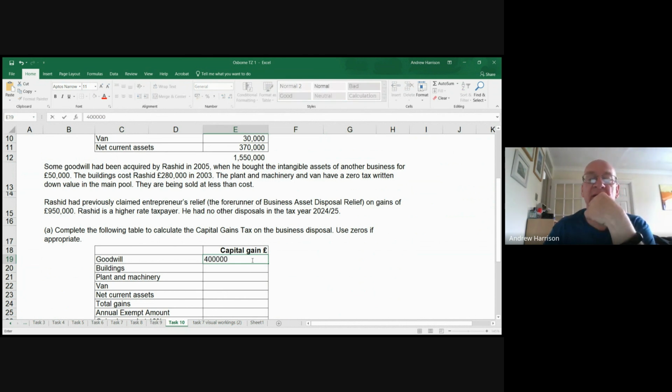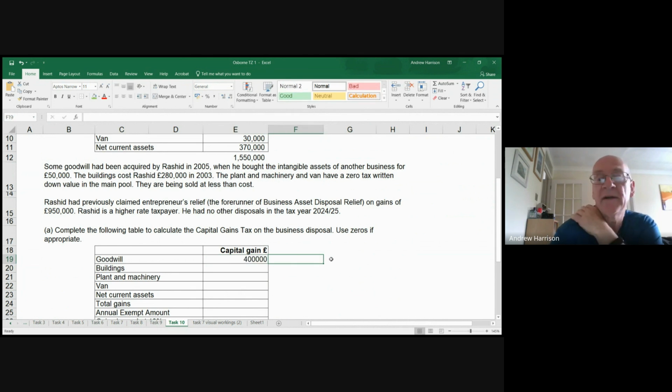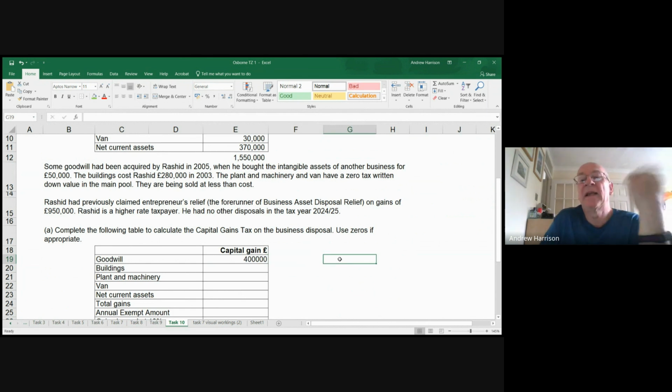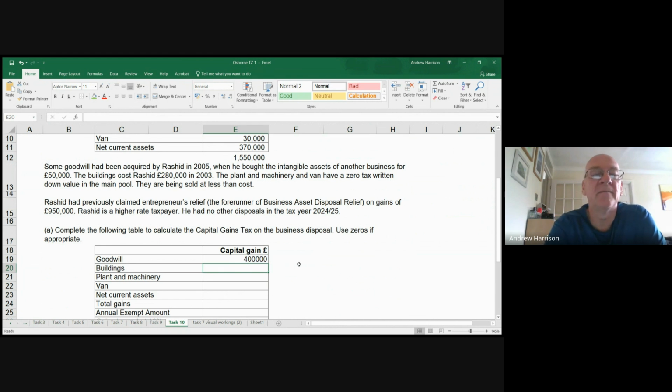Doesn't matter whether it's been written down in his accounts. It will have been written down over several years ago, because you normally write it down as about 20%. So in his accounts, it's showing as nothing, but this is the capital gain on it, not compared to the written down amount.